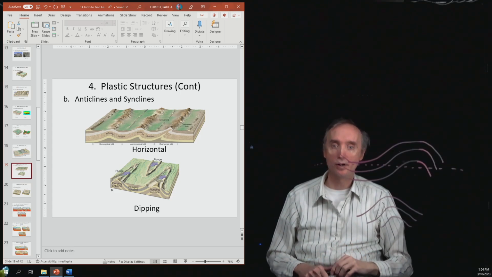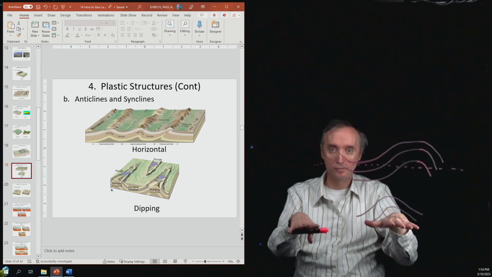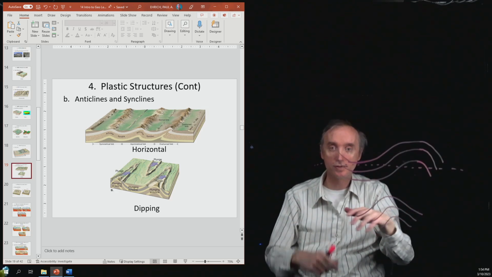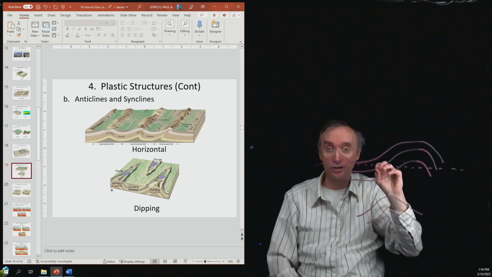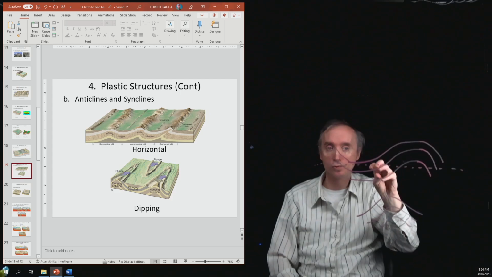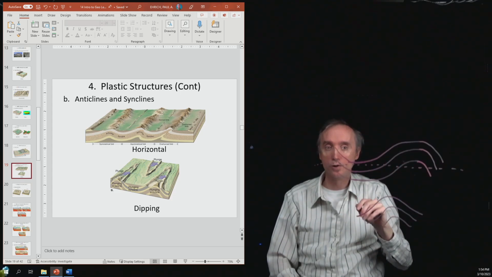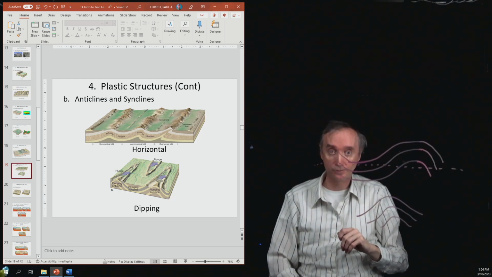From the air, the horizontal anticlines and synclines are going to look like hills. And what it eventually looks like all depends on which rocks are the most erodible.